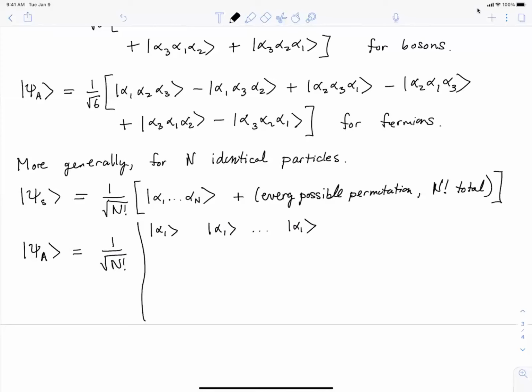But then I distinguish them by putting another label saying which slot in the total state that's a tensor product I'm going to put it in. And that's 1 up to n. Then in the second row of the determinant, I put all alpha 2s. Okay, but once again, I put another label to say which slot in the final tensor product I'm going to put it in, and I keep doing that till I get to alpha n.